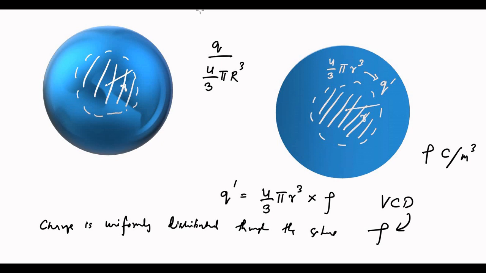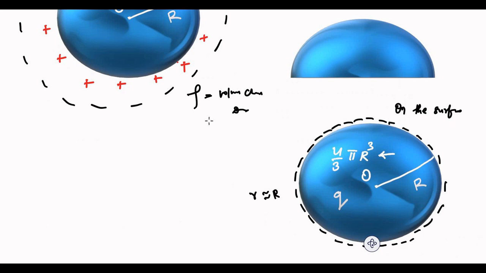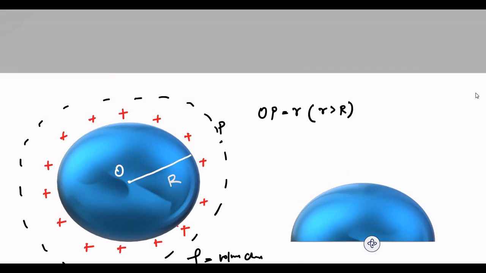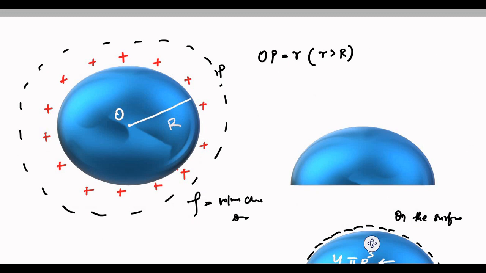So first is the point outside the sphere. This is the first case, where the entire volume, the entire charge comes into play.